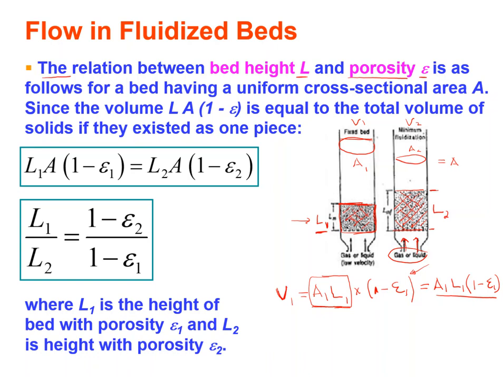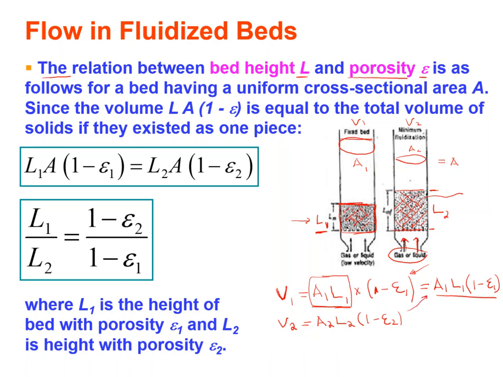A1 is still equal to A2. So then I can write V2 is equal to A2 L2 times 1 minus epsilon 2, because now the porosity in this case is more than the porosity in the first case.